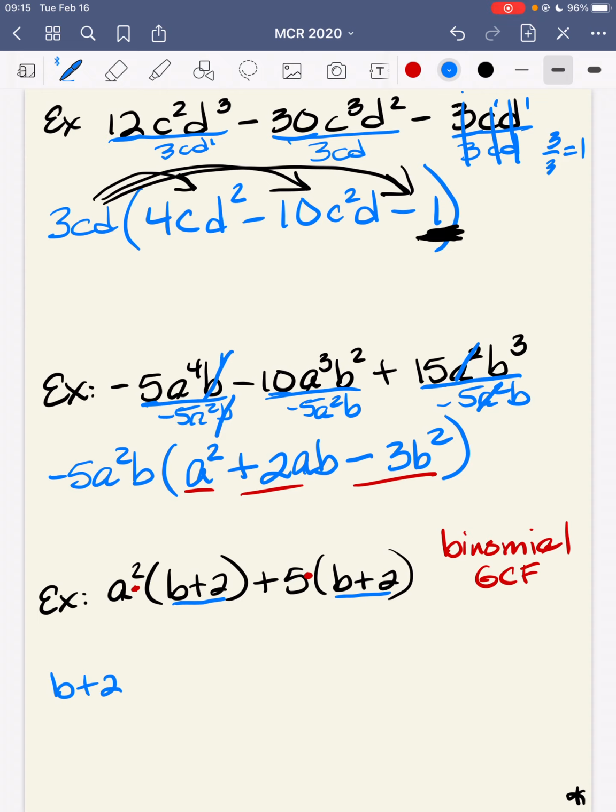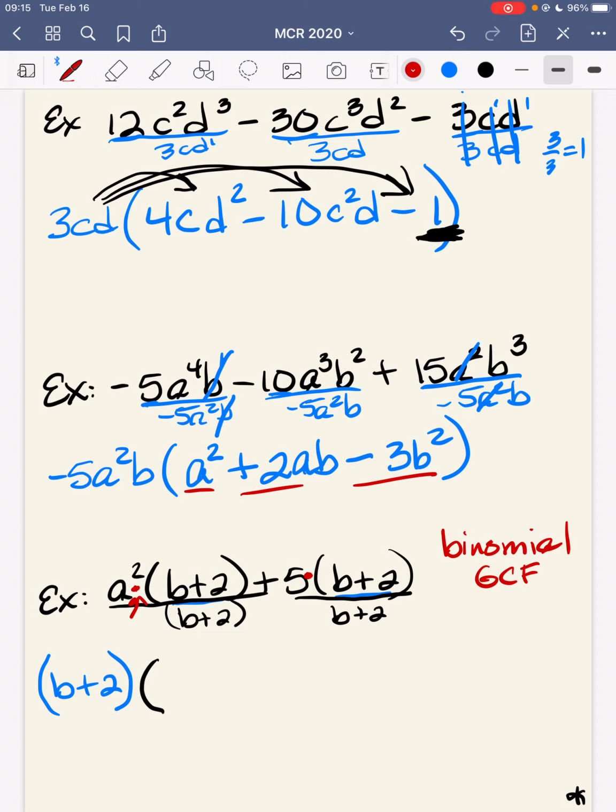Because it is a binomial, I'm going to put it in parentheses, because when I pull stuff out, it's going to get multiplied. And I'm going to divide each of these by b plus 2. All right. And what happens is because there's multiplication, I can cancel the same numerator with the same denominator.